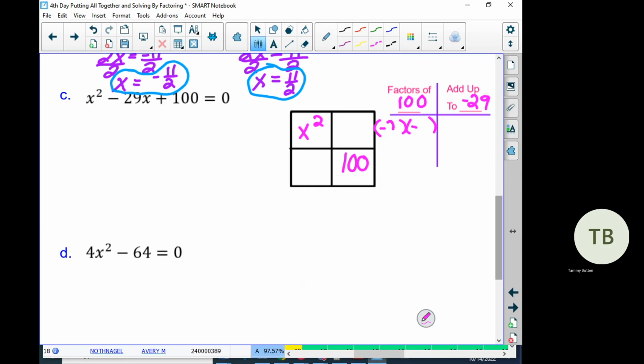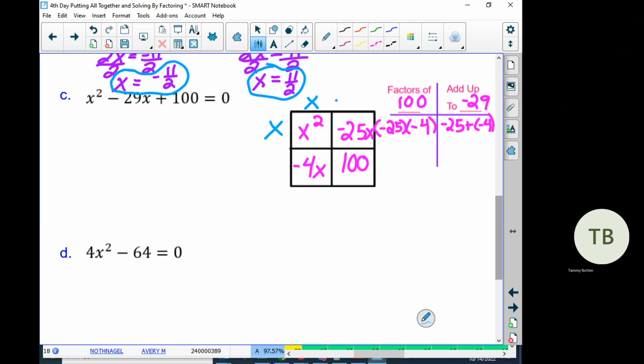25 and 4. Negative 25 times negative 4 is a positive 100, and negative 25 plus a negative 4 is a negative 29. So one is negative 25, and then I'm going to put an x with that, and one is negative 4, and I put x with that. So then when I figure this out, this is going to be x times x.